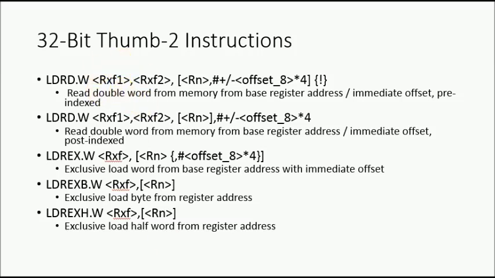This instruction is the pre-indexed instruction. Here the 64 bit data is transferred from the memory to two different registers, because one register is 32 bit, the second register is 32 bit. So the 64 bit data can be transferred to the two registers present in the processor.